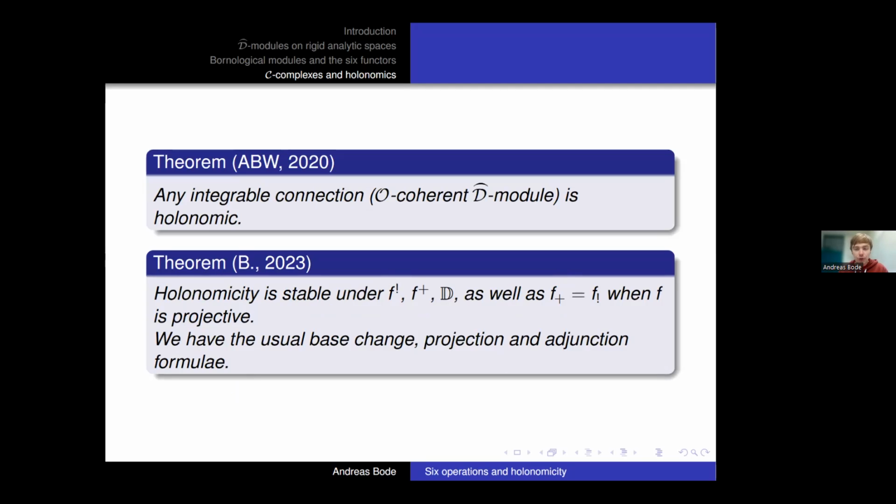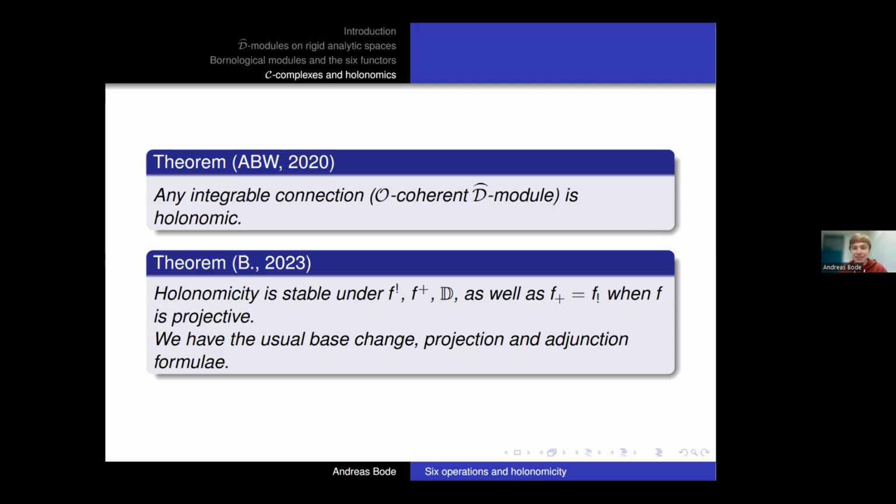I already knew from 2 slides ago that I can't get this for an arbitrary f because I gave you this de Rham cohomology counterexample. But at least when f is projective, you can do a diagram chase argument that this is fine. And moreover, you get, as promised, base change formula, projection formula. You have these adjunctions between direct images and inverse images. So all of this is fine.